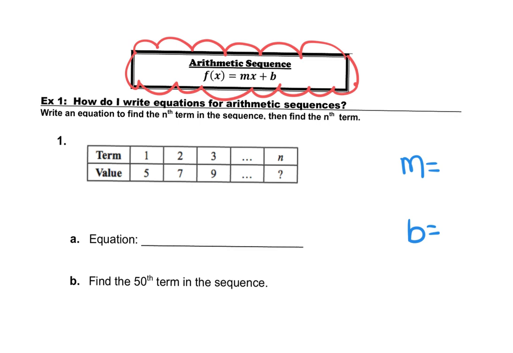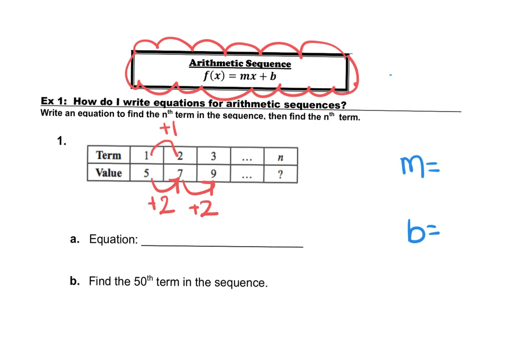Let's find the slope here. Notice that we're going up 2 each time, and we also have to make sure that our terms are going up 1 as well. Since we're going up 1, it's the change in y over the change in x. Some people might find that a little confusing, so just find the slope between two points.